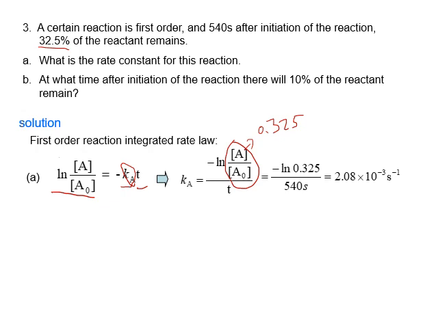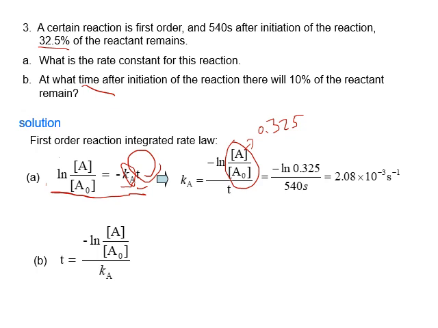In B, at what time after initiation of the reaction will there be 10% remaining? Again, this is about time and concentration, so again, the same equation. We want to calculate the time, so we divide by negative k on both sides, and that gives you this equation to allow you to calculate the time.